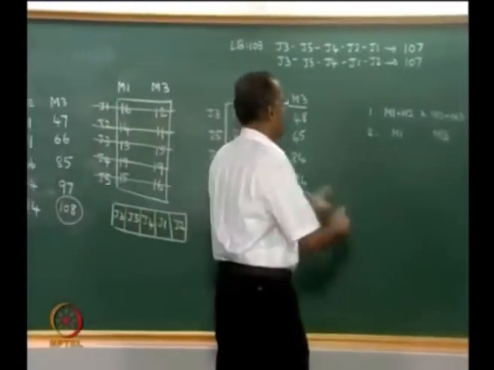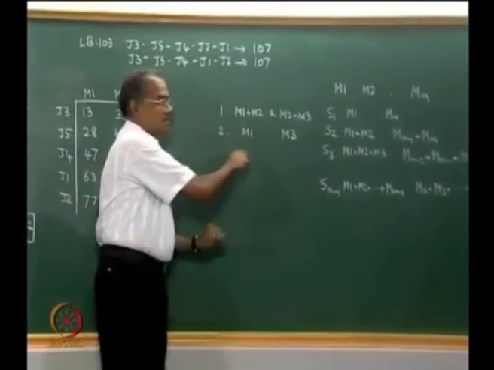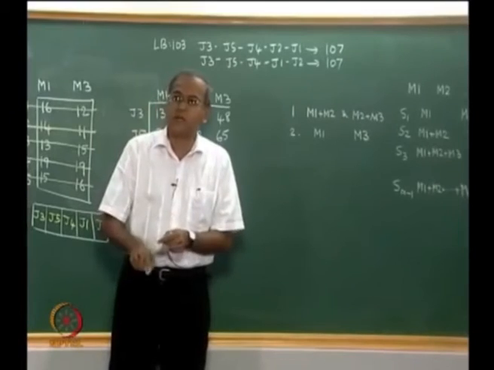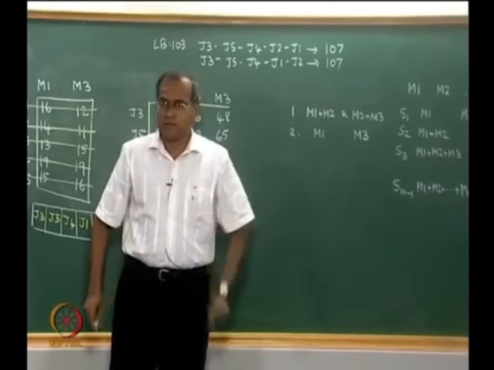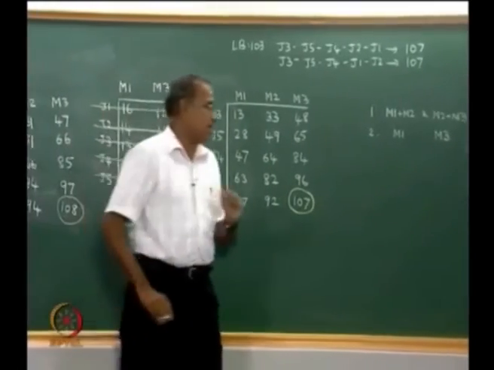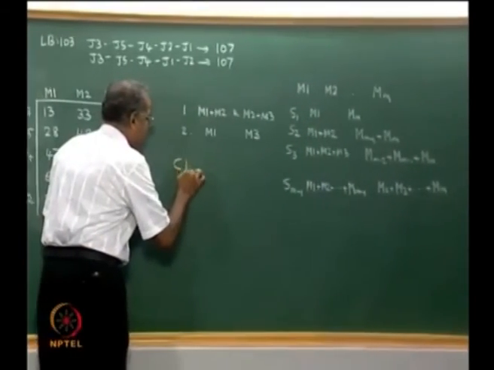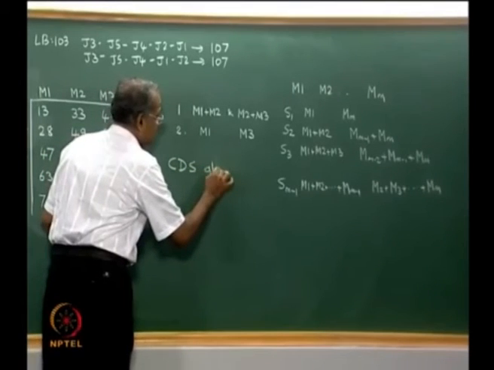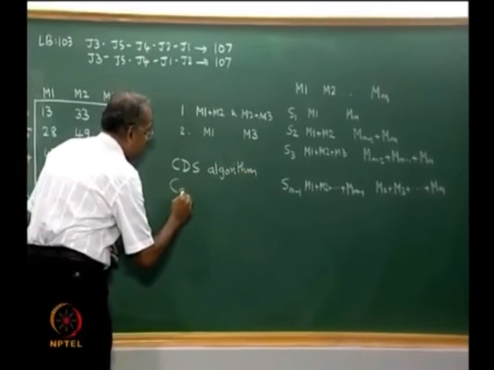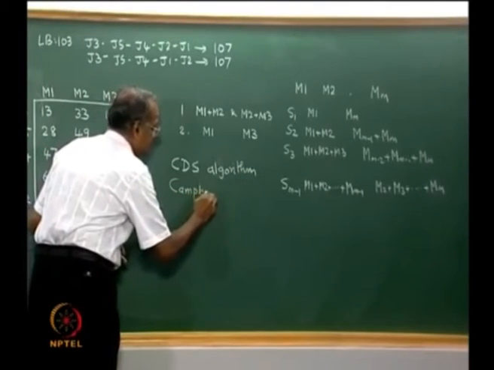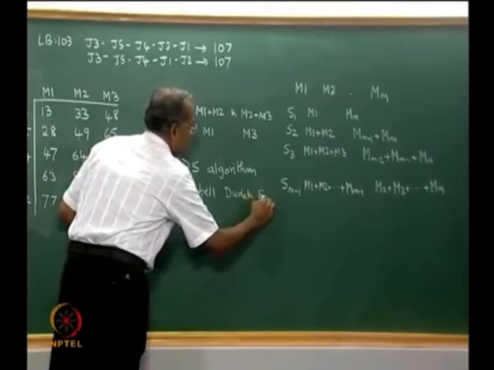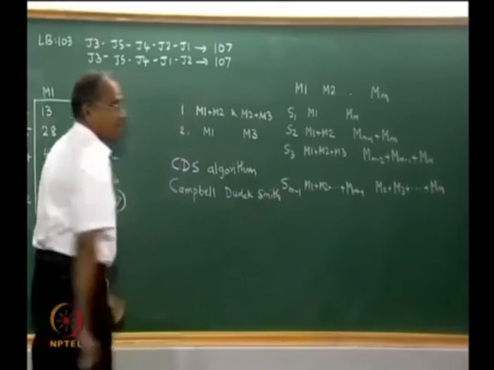So, in a 3 machine case, we had 2 sequences and we took the best. If you had 8 machines, then you would have 7 sequences and you would take the best. Now, this is still a heuristic algorithm. This heuristic algorithm is commonly called the CDS algorithm, which stands for Campbell, Dudek and Smith, the 3 authors.